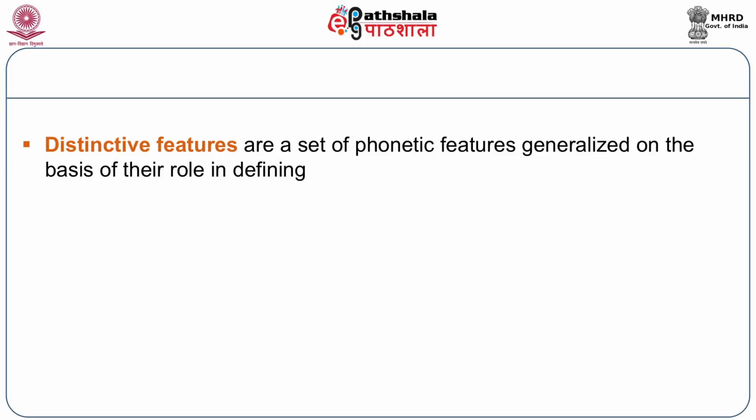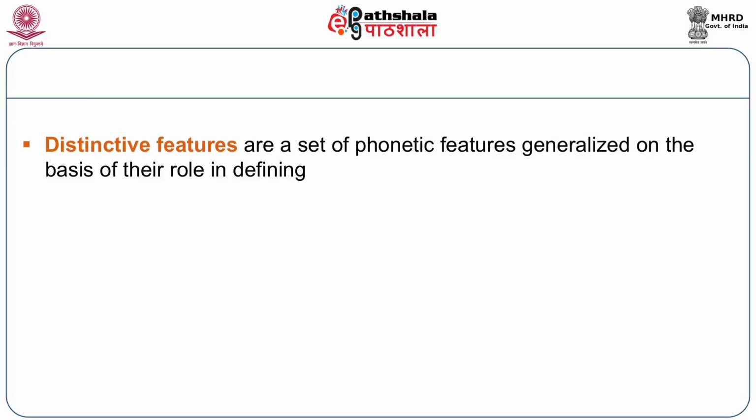Now, the theory of distinctive features has this hypothesis with which most phonologists work, and that is, there is a small set of distinctive features, probably 24, which are at the basis of all speech sound distinctions. So a combination of these distinctive features gives us different sounds in world languages. That's one.